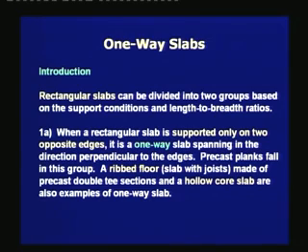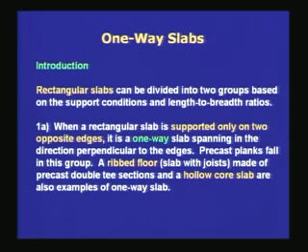Rectangular slabs can be divided into two groups based on the support conditions and length to breadth ratio. In the first type, when a slab is supported on two opposite edges, then it is a one-way slab spanning in the direction perpendicular to the edges.